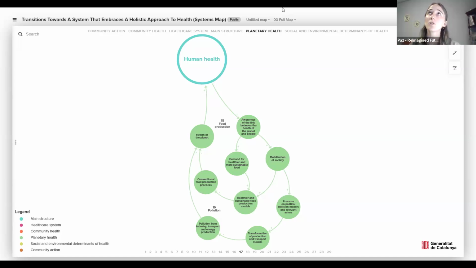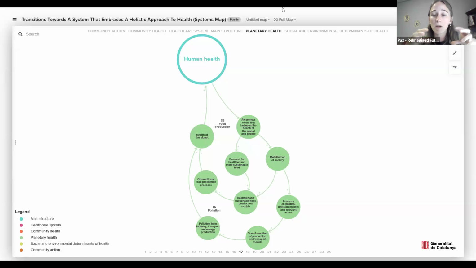Well, it actually depends on the client and the purpose of the process itself. In this case, we are not involved in the intervention part. For GenCat, we build the systems map, and afterwards they use this to create these shared agendas. If you Google the GenCat shared agendas, they show the different systems maps that they use to create this common vision with different stakeholders.